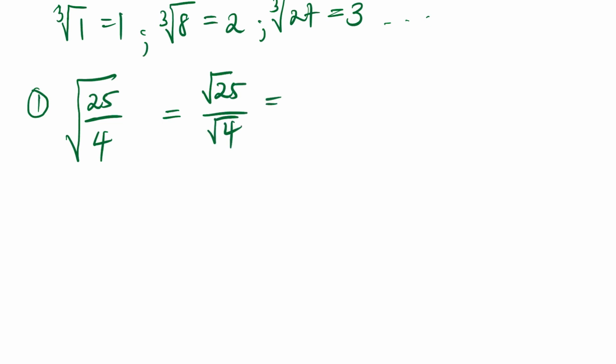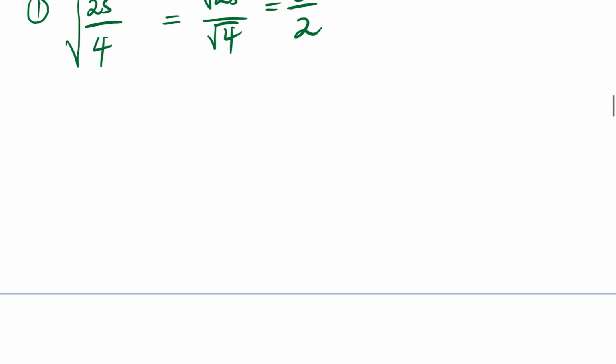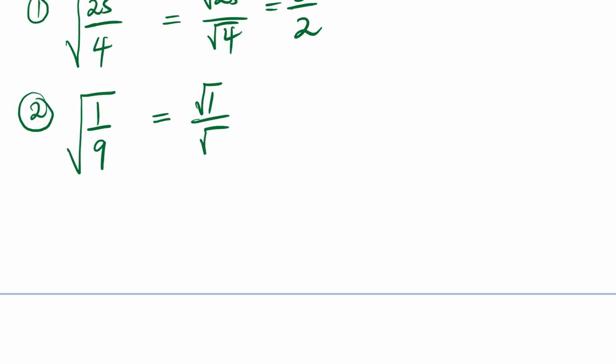The square root of 25 is 5, and the square root of 4 is 2, right? Let's look at this one now. Square root of 1 over 9. That means it's going to be square root 1 over square root 9, where square root 1 is 1, and square root 9 is 3, right?